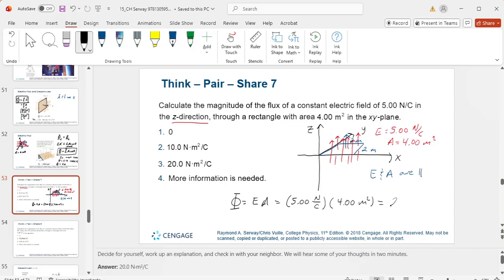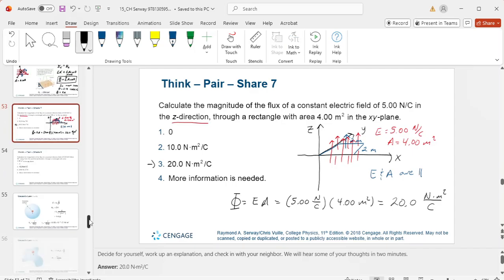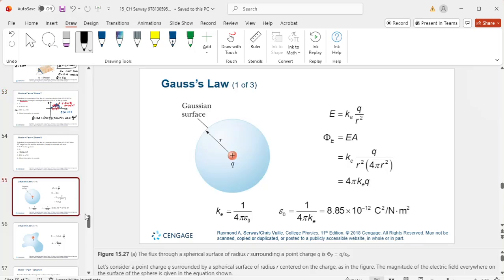And so this is going to be 20 newton meters squared per coulomb. So that is the answer here. We will skip the next one, and this is one of the more important parts of Gauss's law.